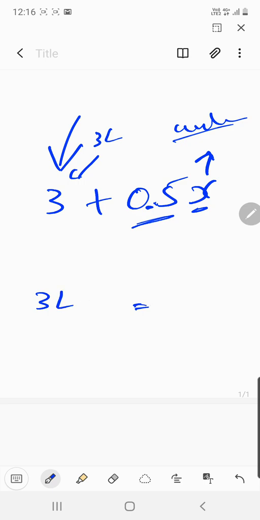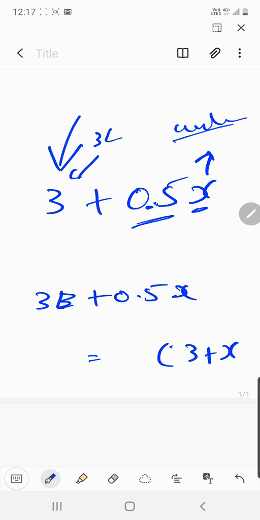So see that there's 3 liters of milk, and we are adding 50% of x liters. So the new solution is 3 plus x liters, right? And the solution needs to get diluted. So let's assume it's 0.2, the amount of T in this.